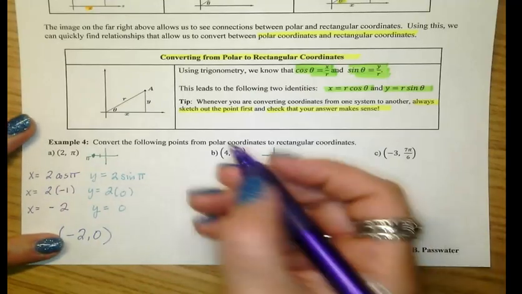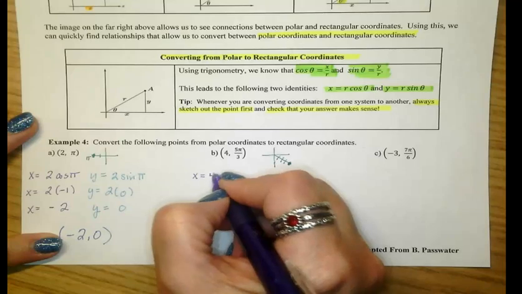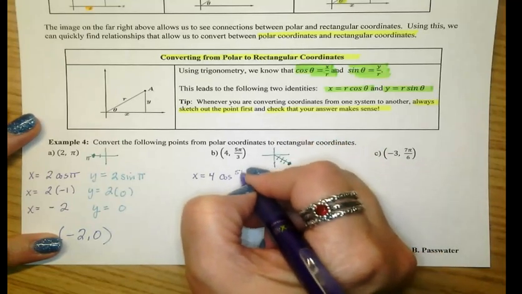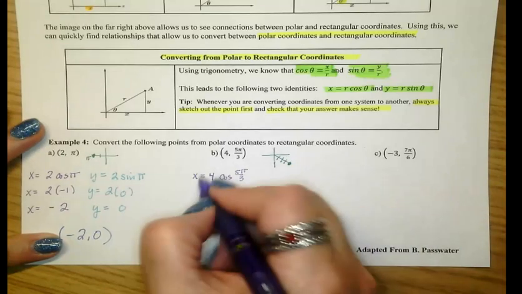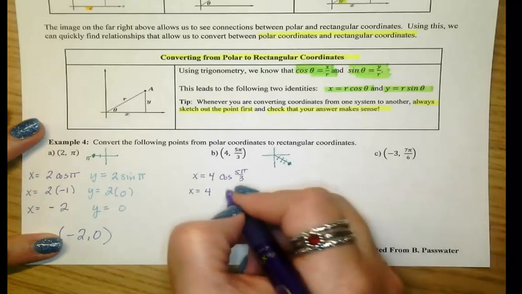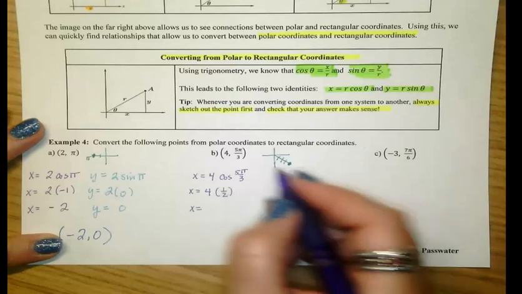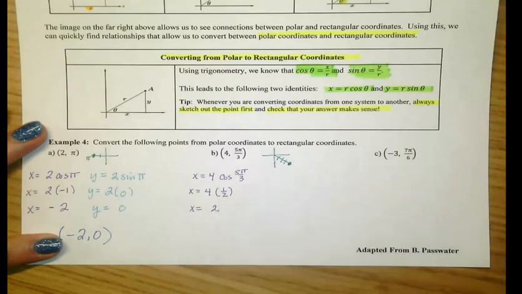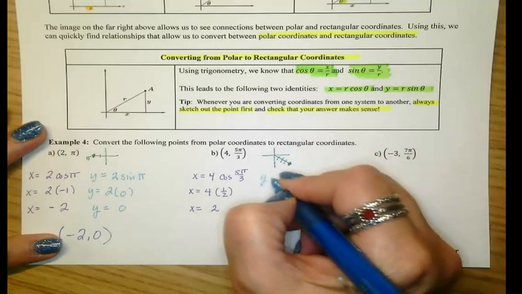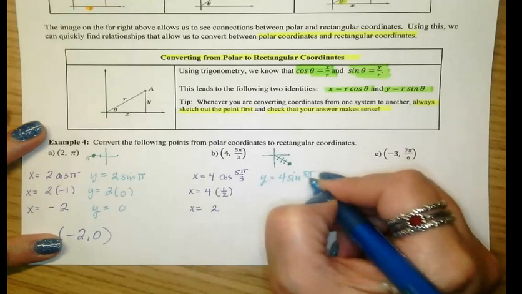All right, so let's use our conversion facts. We're going to say x equals, the radius is 4, and then cosine of 5 pi over 3. According to our unit circle, cosine of 5 pi over 3 is 1/2. So x is going to equal half of 4, which is 2. Then we do that for the y. y equals 4 sine of 5 pi over 3.